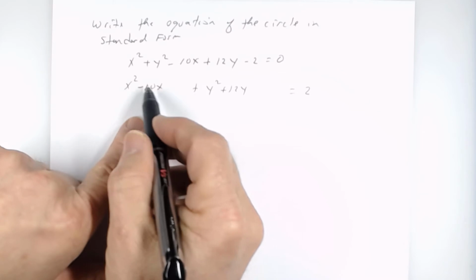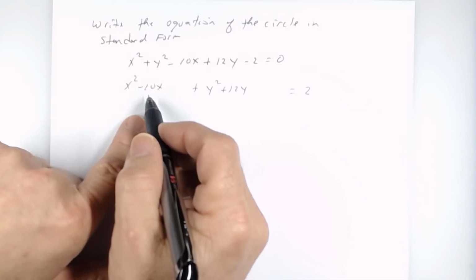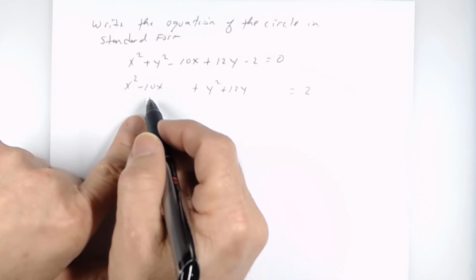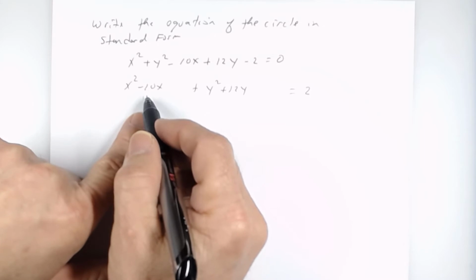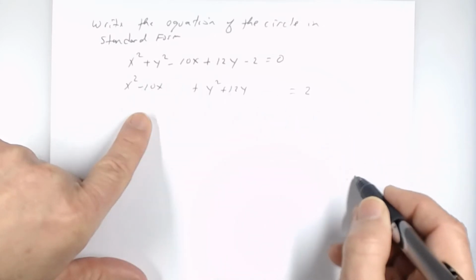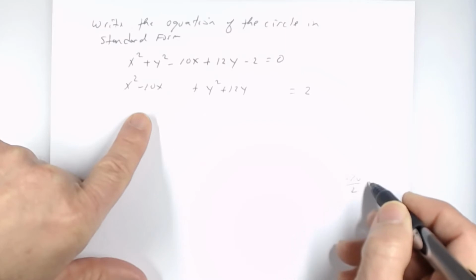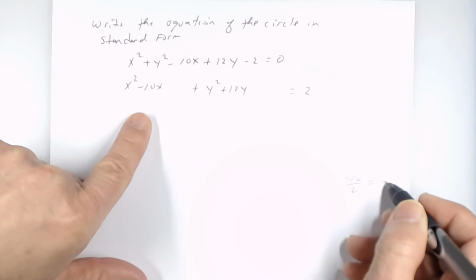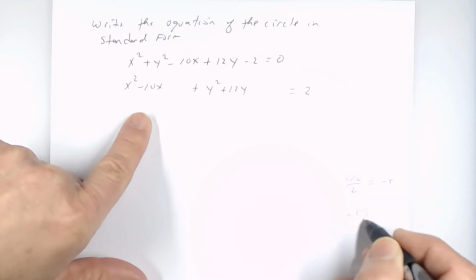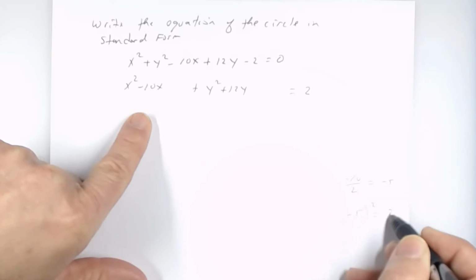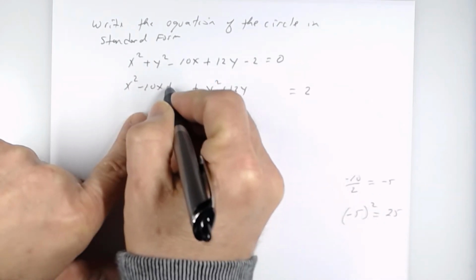All right. So what's the first thing you're going to do? Take half the coefficient of x, which is negative 10. You've got to take half first. And what do you get? Negative 5. Now what do you do to that negative 5? Square it. And what do you get? Positive 25. And that's what you add to both sides.